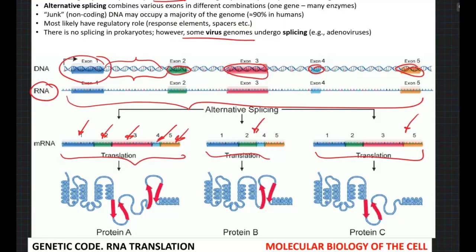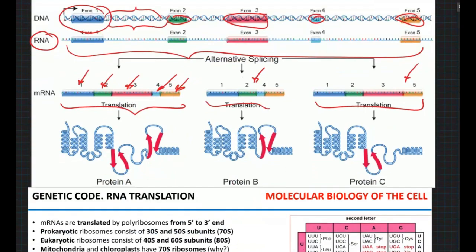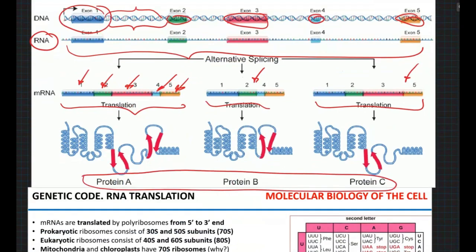So the proteins that will be produced, if you look at these 3 proteins, A, B, and C, they have a lot in common, right? You see that? There are some parts that are missing, like this protein B, for example, is missing that part, okay?